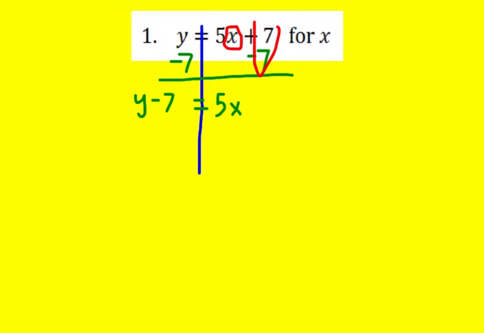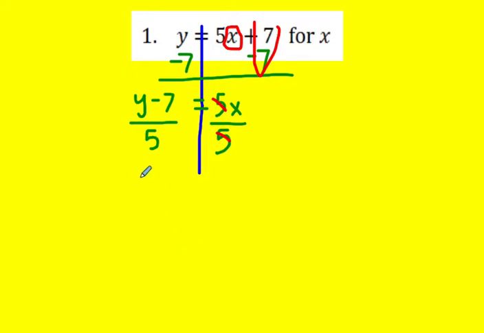So I have to get rid of the 5. To get rid of the 5, I need to divide. So when I divide by 5 over here, that's going to cancel the 5 out. When I divide over here, I have to make sure that I divide the entire side by 5. So these 5s on the right-hand side are going to cancel out.